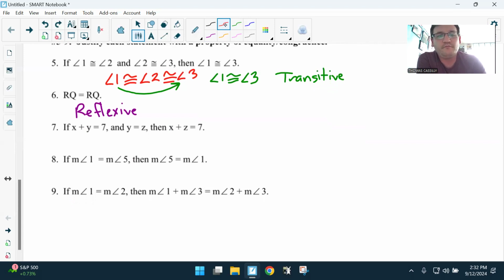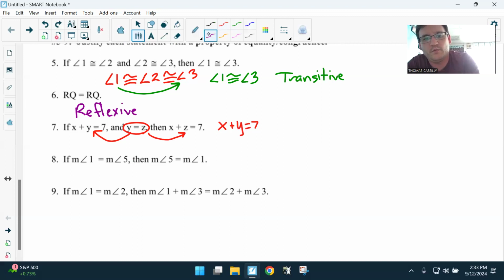Now the next one here, they're saying if x plus y equals 7 and y equals z, then x plus z equals 7. What they are doing is substituting out this y with the z. So basically, I'm going to write these two vertically. x plus y equals 7, and then we have x plus z equals 7.